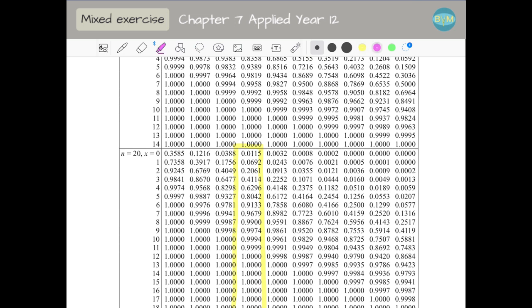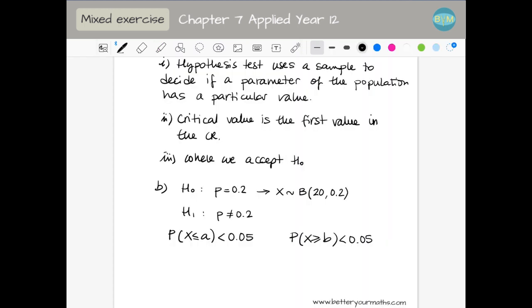The first one smaller is this one, so X must be 0. That means one part of my critical region is going to be X equals 0, because it cannot be smaller than 0. In any other case it would be smaller or equal than 1, than 2, but when it's 0, I'm going to write just equal.